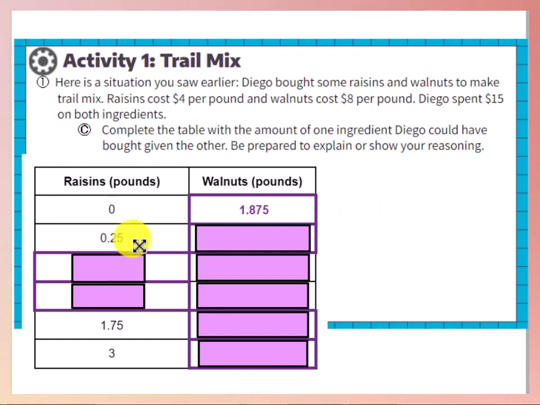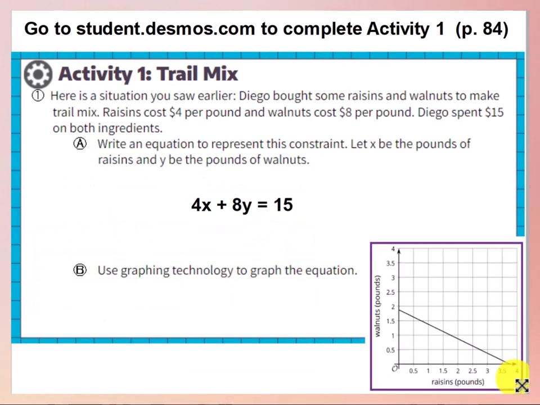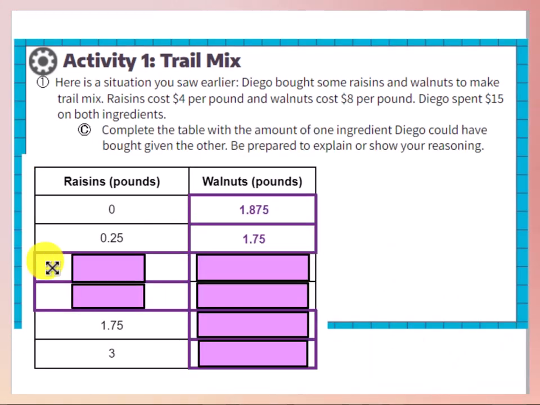All right, looking at that graph at 0.25 or a quarter of pounds of raisins, we'll see that we can purchase 1.75 pounds of walnuts. So again, we can move up and down that line and we can find that combination of numbers, or we can substitute into the equation 0.25 for x and solve for y.